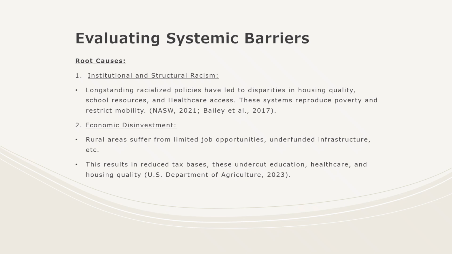And these systems can reproduce poverty and restrict mobility. For instance, if you apply this case study to a very rural community or town, many of them don't have access to a hospital unless it's 30 minutes to an hour or even more away.